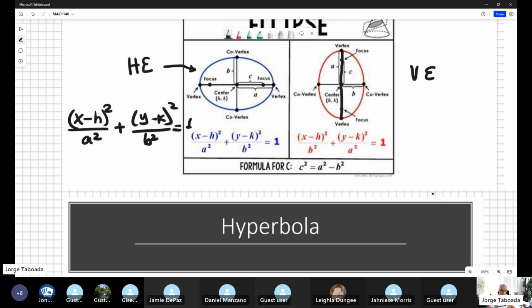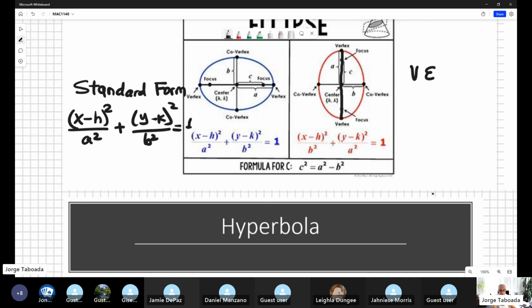Of course, this equation right here is a very elegant equation. The name of this form is standard. The first example we are doing is in standard form.